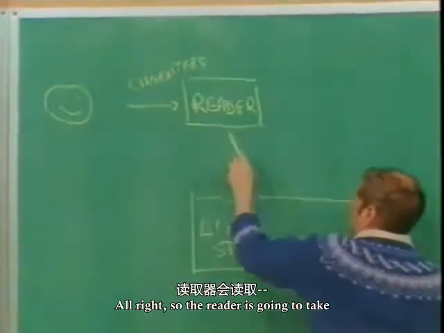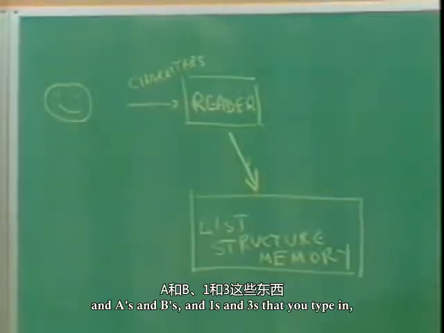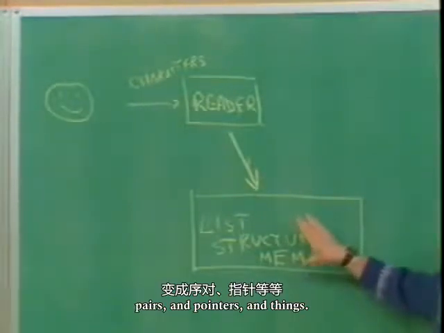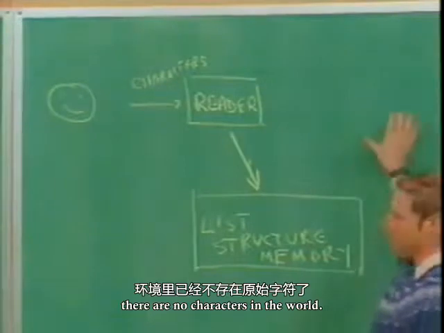Right, so the reader is going to take symbols, parentheses, and A's and B's and 1s and 3s that you type in and turn these into actual list structure, pairs and pointers and things.